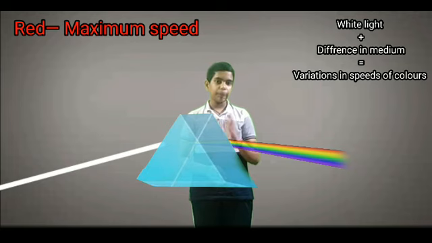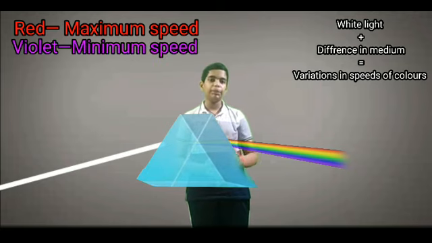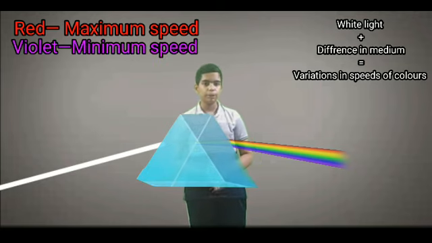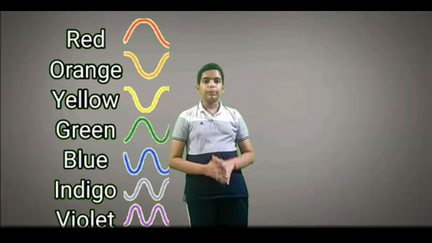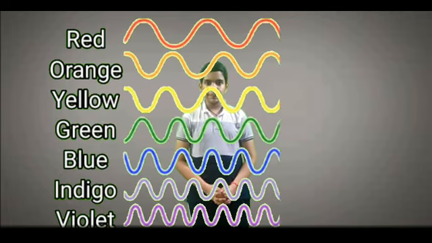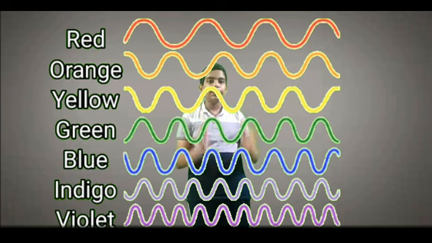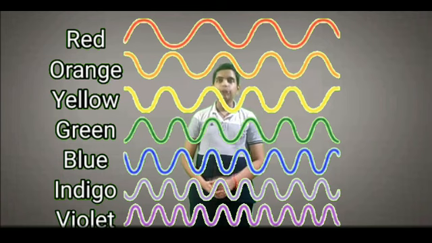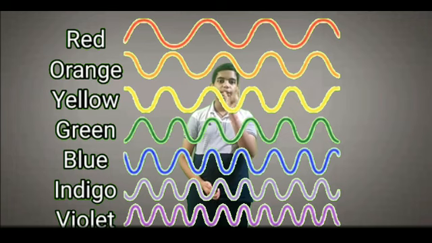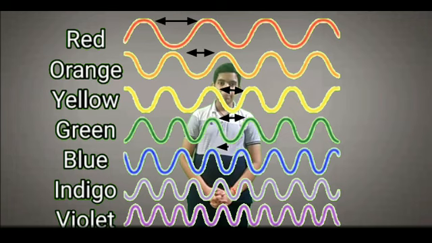The red travels at the maximum speed and the violet travels at the minimum speed after the dispersion of light. So here are the wave diagrams of different colors present in white light. What do you observe in these wave diagrams? Yes, that's right. You can observe that there are variations in each consecutive peak in each wave diagram.